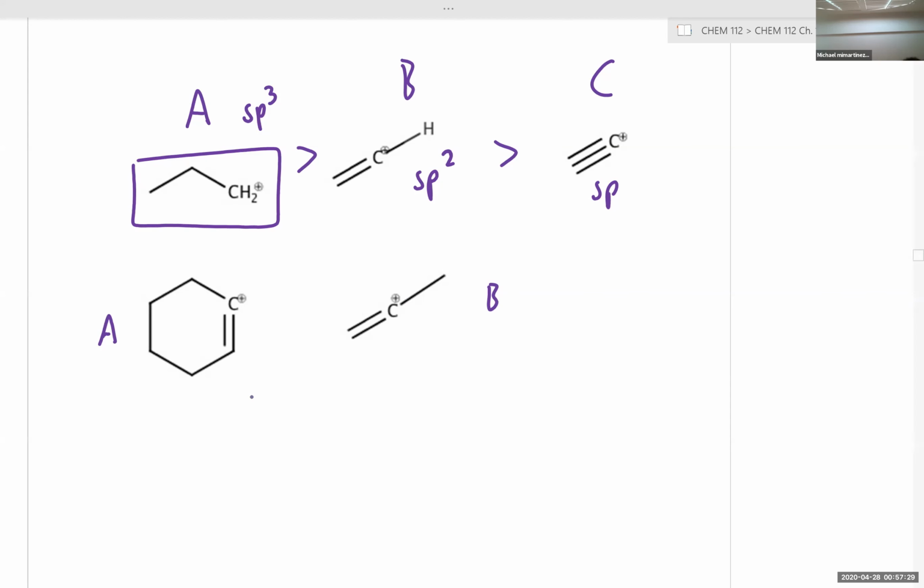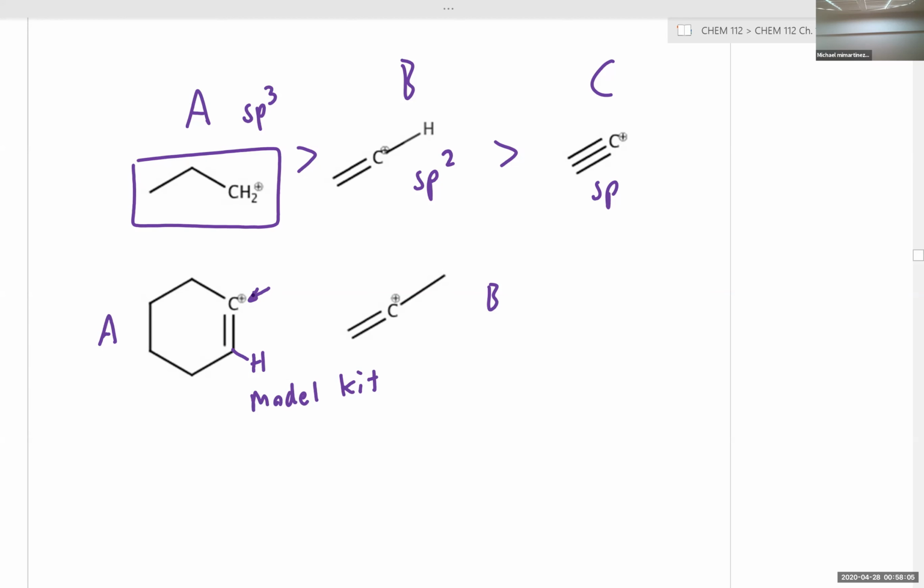For this, I would encourage you to build a model kit. This really brings up the idea of strain and geometric strain. Take a moment and try to build a model and think in terms of hybridization and geometry, what the geometry would look like at this vinyl cation.